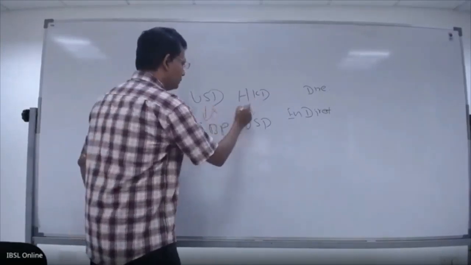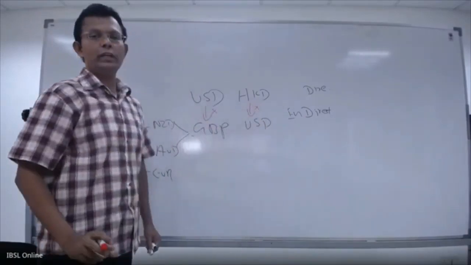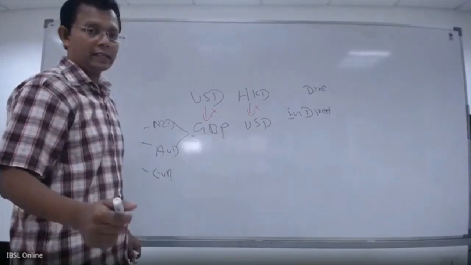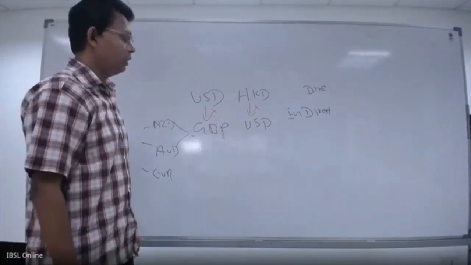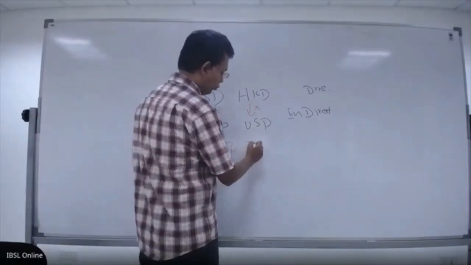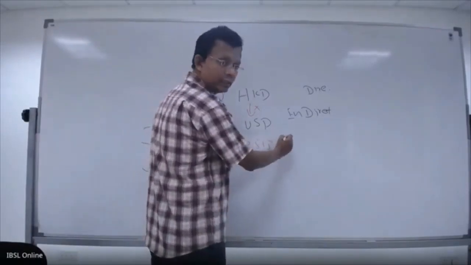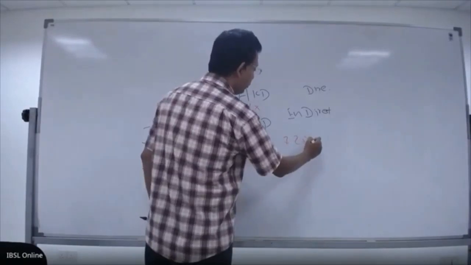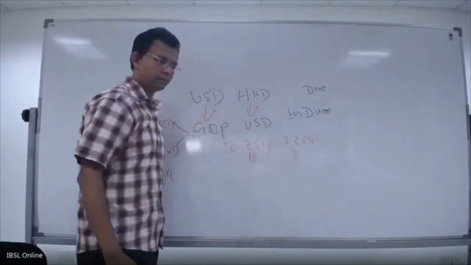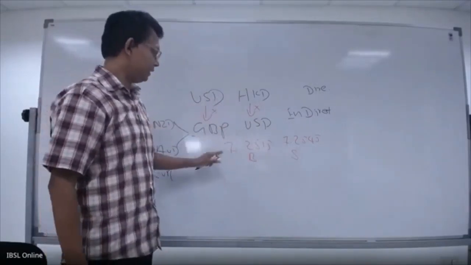You multiply, then you get the answer. Now here in this example, 7.2515 is buying and 7.2545 is selling. USD HKD, USD HKD.